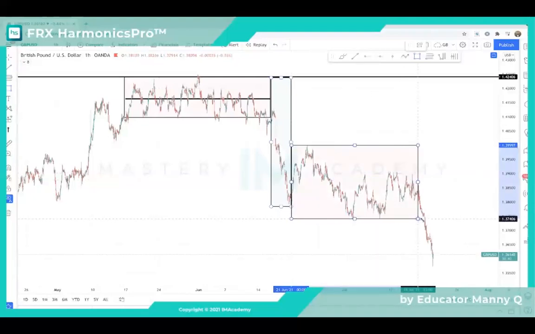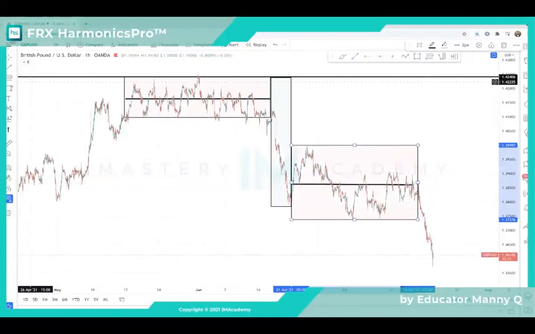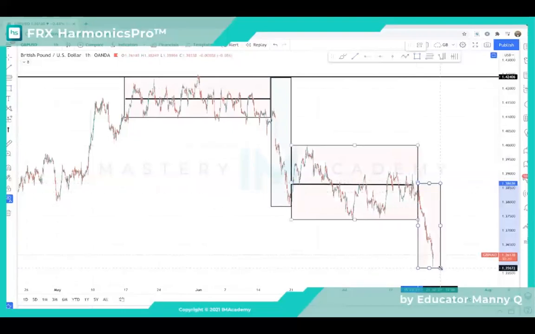Right over here, if we take a look, the market goes back into the next area of contraction. This is where the market again begins to move in a sideways type of manner. And when the market is done moving sideways, the market will repeat itself and go back into the next expansion inside of the market.